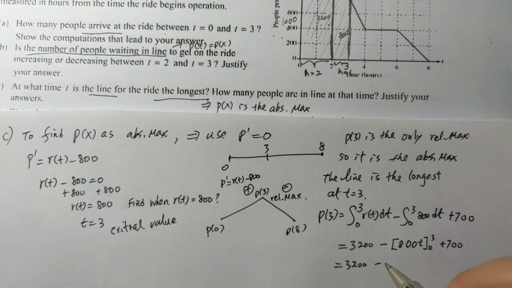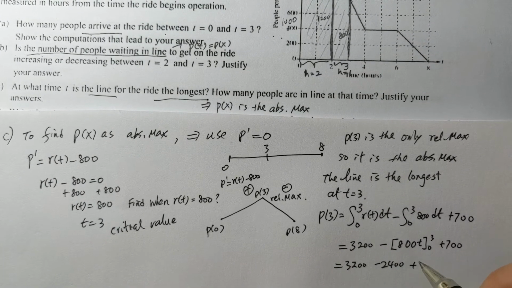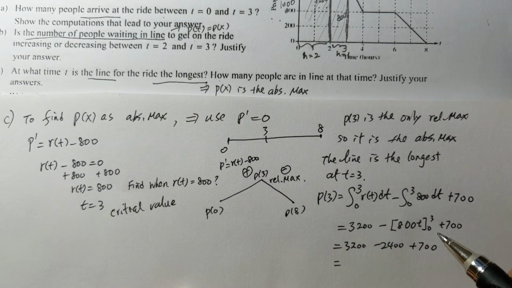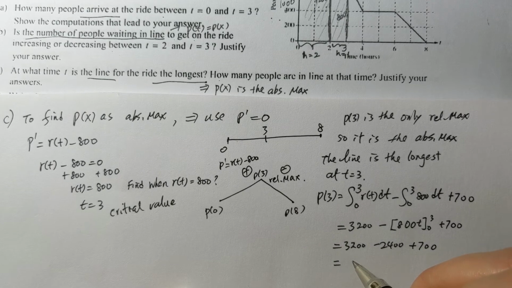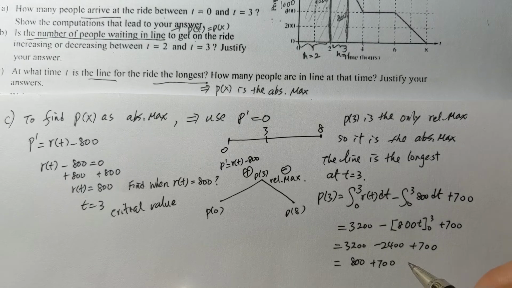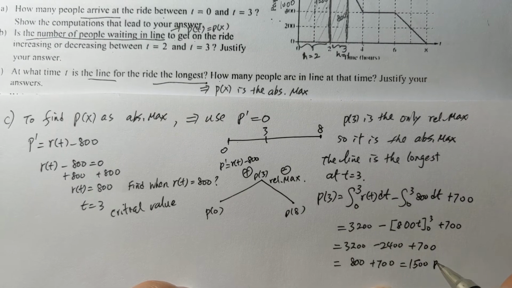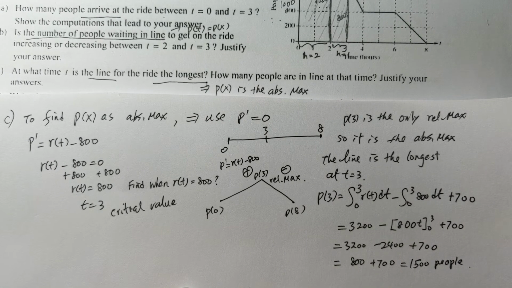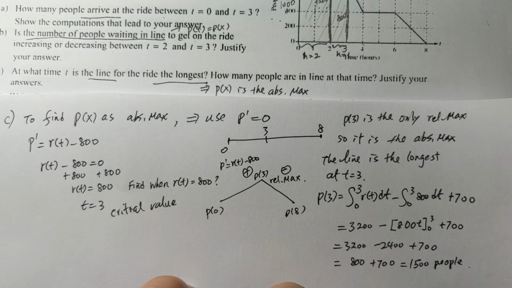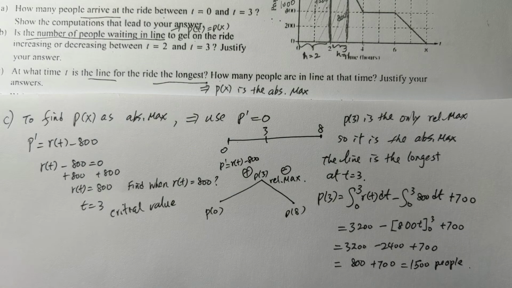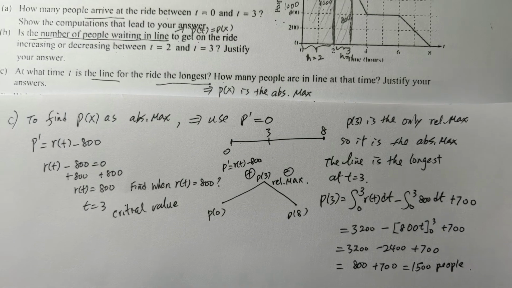We subtract 2,400 minus 0. Subtracting gives you 800, and then plus 700, and then we get 1,500 people. So at t equals 3, there are 1,500 people. So we finished part C.